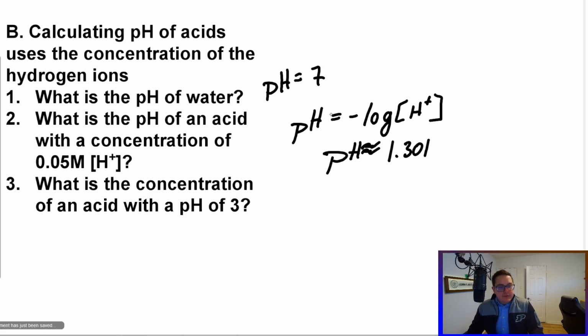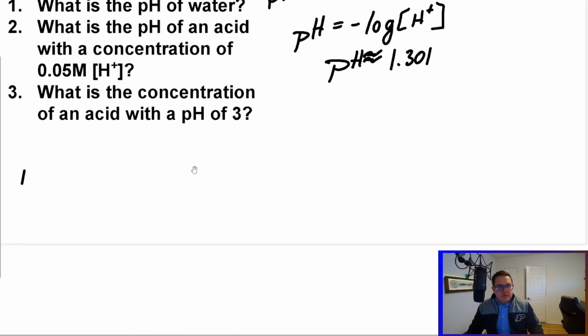Not too bad. What is the concentration with a pH of 3? Well, this one takes a little more finagling. If we come to a logarithmic function and need to rewrite the log, let's do a basic function: y equals log base 10 of x. Usually when you say log, you mean base 10.